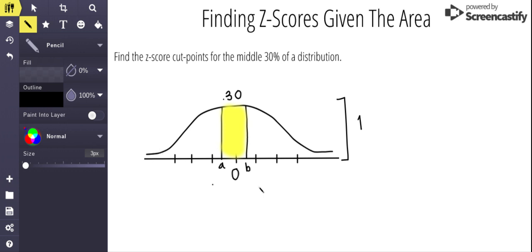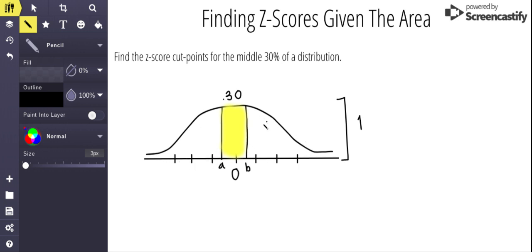So in this normal distribution curve, we know that the area underneath the curve is going to be equal to 1. So if this right here is that middle 30%, then we need to find the area of the distribution outside that middle 30%.